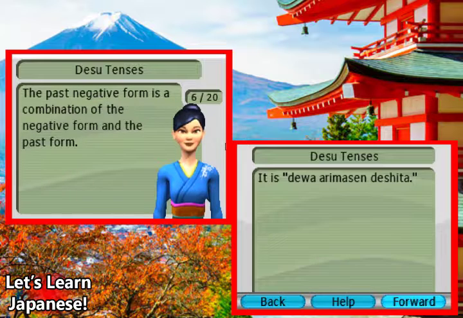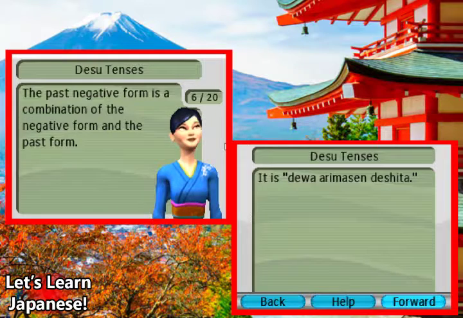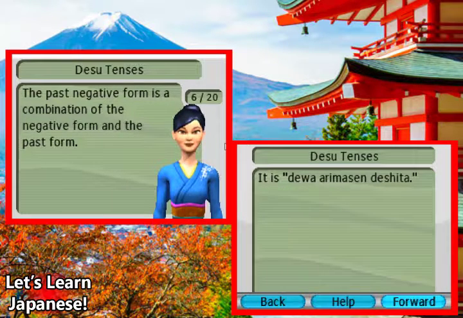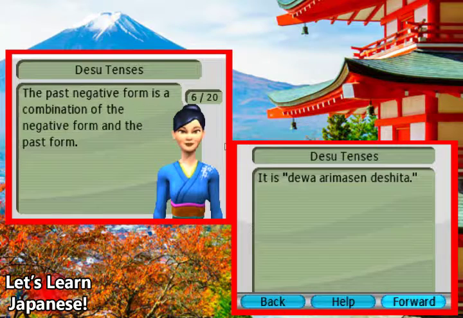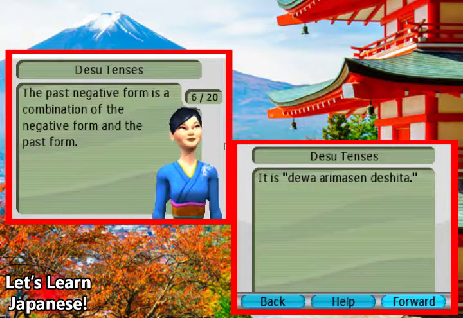Okay, so we have our positive present tense form, which is desu. We have our negative present tense form, which is ではありません. We have our past tense positive form, which is でした. And our past tense negative form, which is ではありませんでした. Windows Defender has finished scanning.